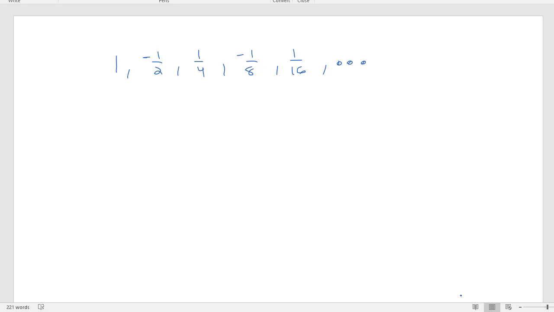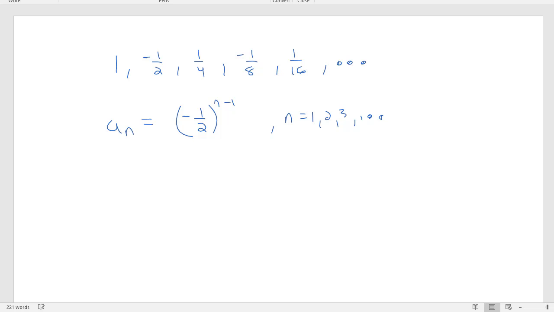With this list of numbers in particular, we could write what we call the nth general term. We could write this as (-1/2) to the n-1, where n goes from 1 to infinity.